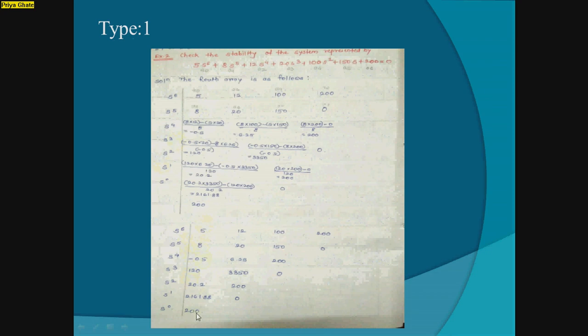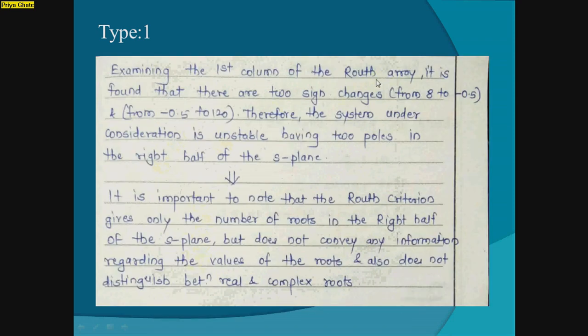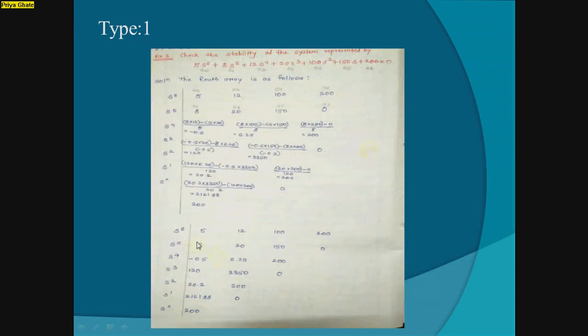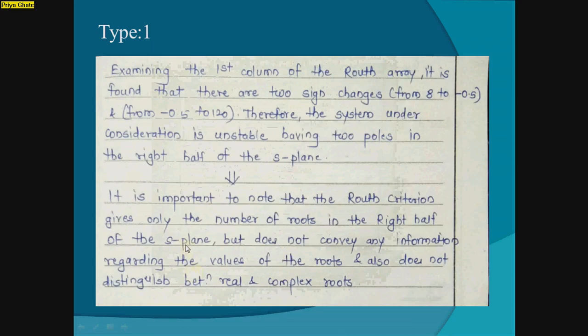Examining the first column of the Routh array, it is found that there are two sign changes, from plus 8 to minus 0.5 and from minus 0.5 to plus 120. Therefore, the system under consideration is unstable, having two poles in the right half of the S-plane.